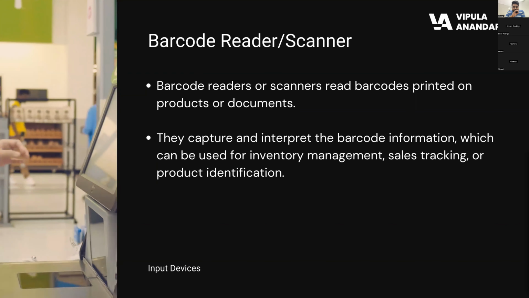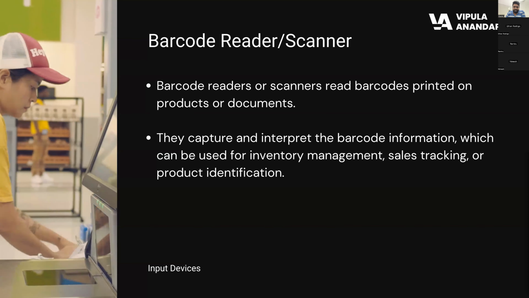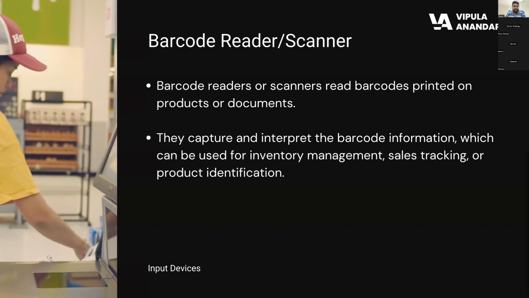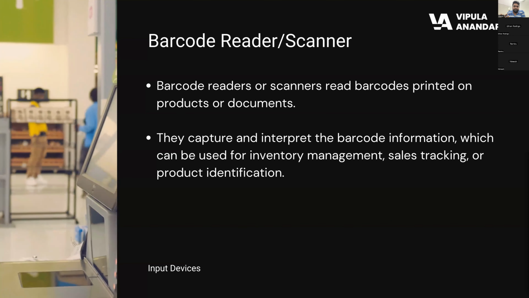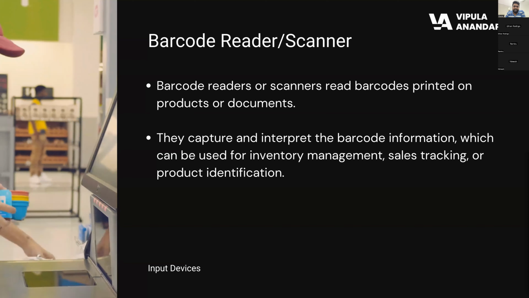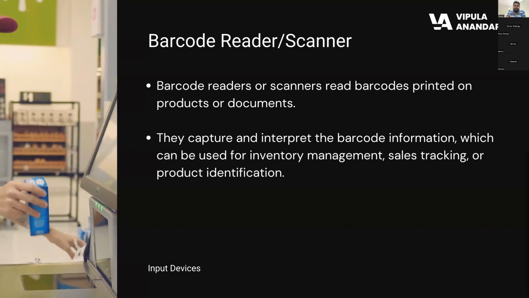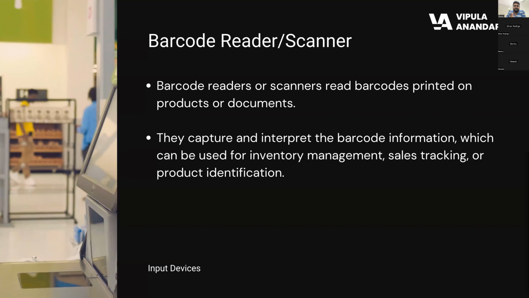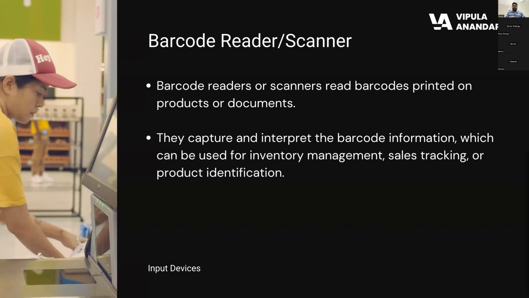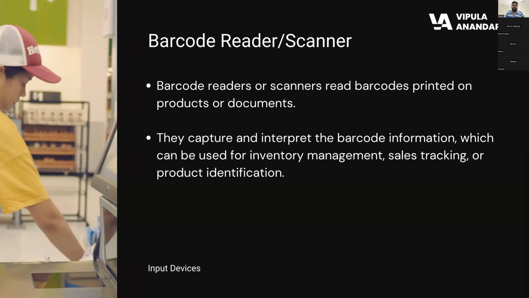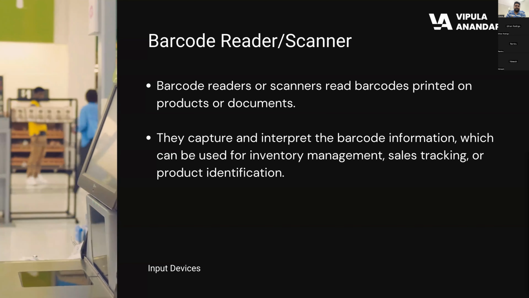In a barcode, what you have is literally a set of numbers. That's it. Simple as that. And when you scan it, you need to have a database which has all the data that refers to that particular barcode value. For example, a barcode can have a set of numbers, let's say 0, 0, 1, 2, 3, 4, 5, 6.